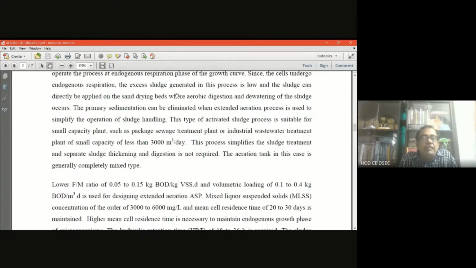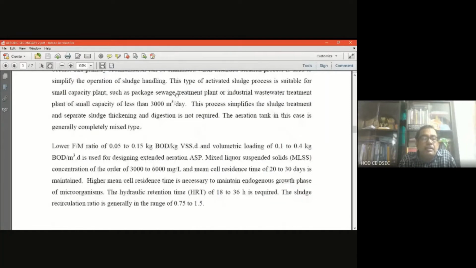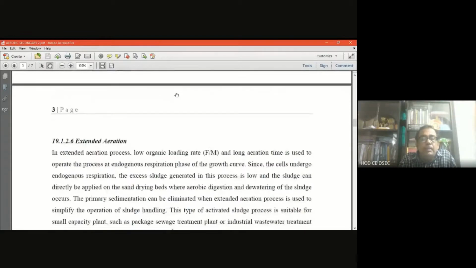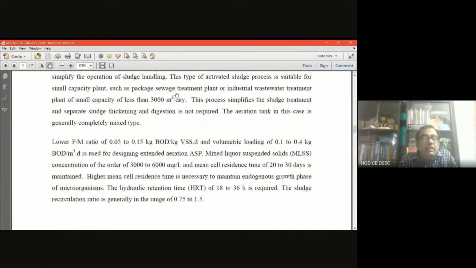So the lower F/M ratio, we have seen in the extended aeration system, 0.05 to 0.15 is maintained, and the volumetric loading, that is the BOD by volume of the tank, 0.1 to 0.4 kg BOD per meter cube per day is used for designing the extended aeration system.